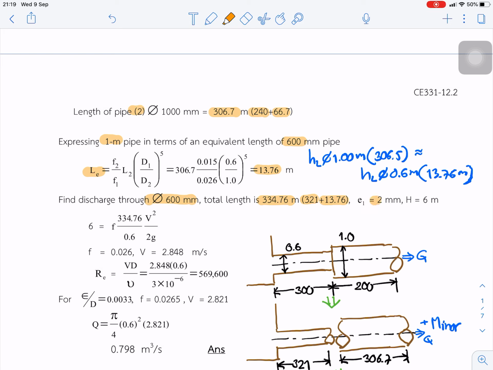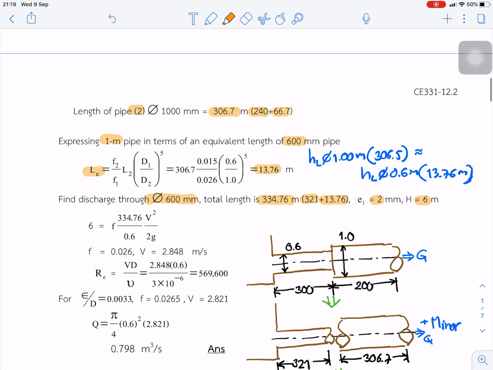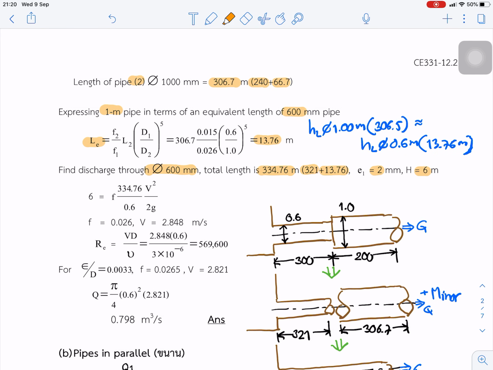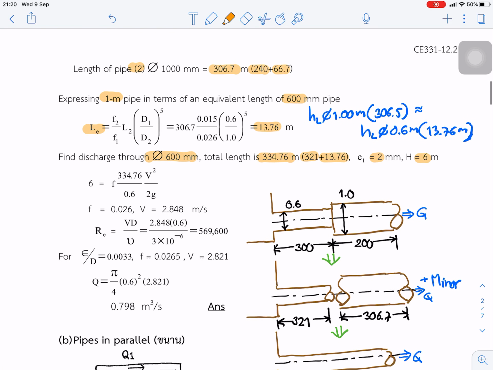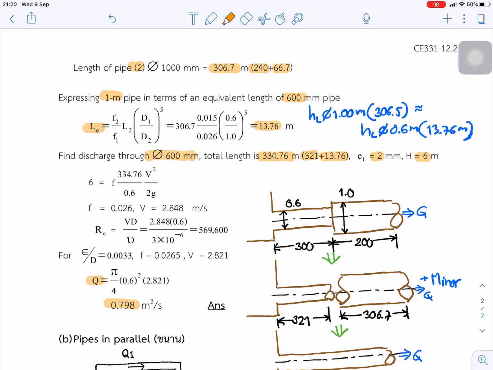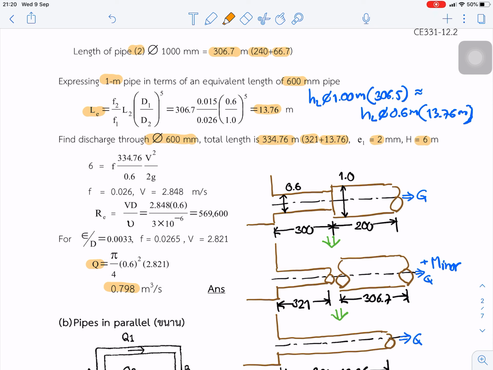And this comes from the Darcy-Weisbach equation and the head H. So we can solve this equation to find Q. Finally, we've got Q equal to about 0.8 cubic meters per second. So this means we bring everything together into just one pipe diameter and one major loss. That is one equation that we can solve for Q.